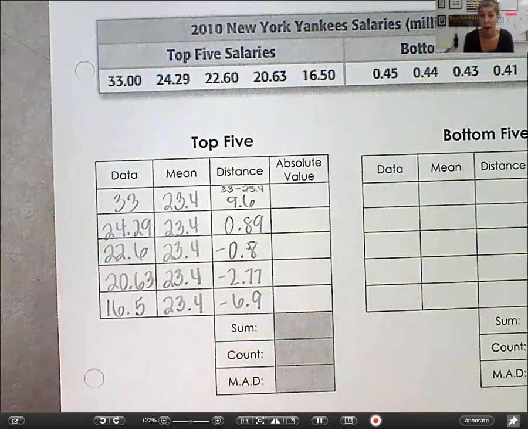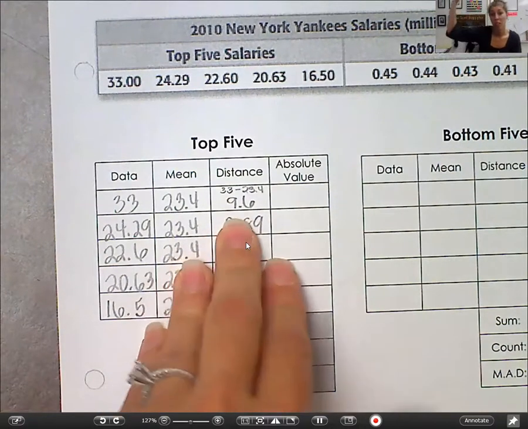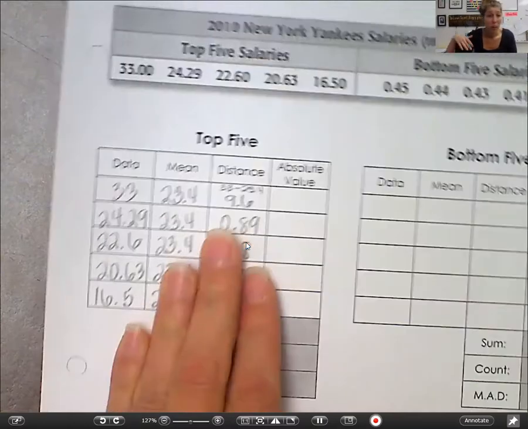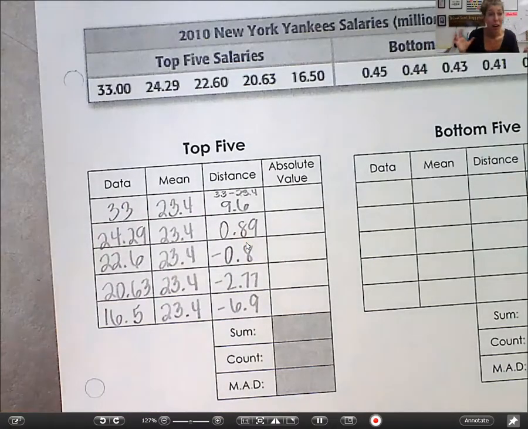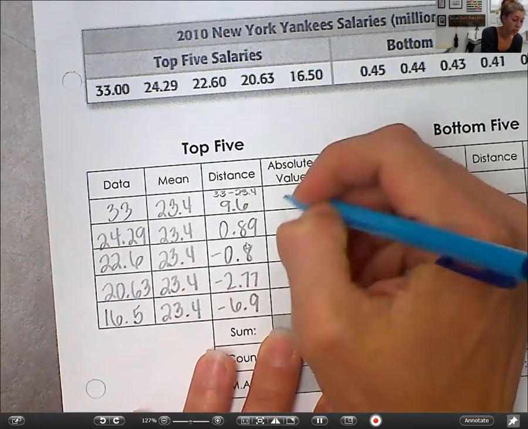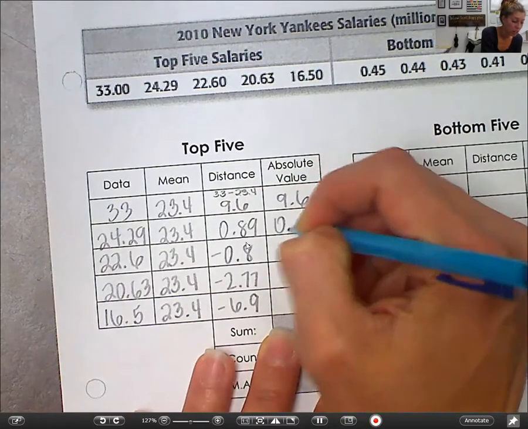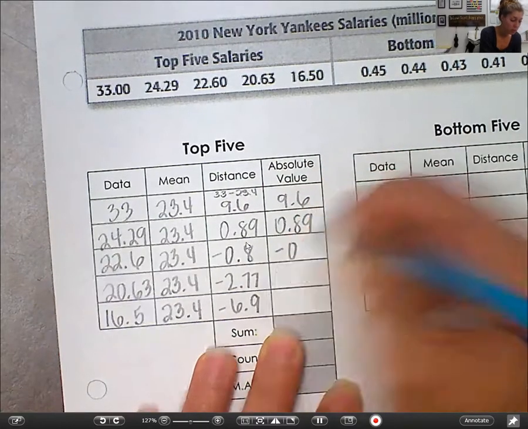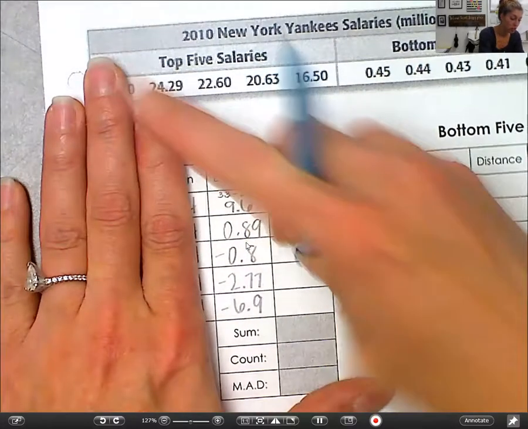Now comes time to take the absolute value of those distances. I don't care if this player is $9.6 million higher or if it were $9.6 million lower. I don't care. I just want to know how far it is, whether it's an increase or a decrease. So the absolute value, we're really just going to take all of these numbers and make sure they're positive.